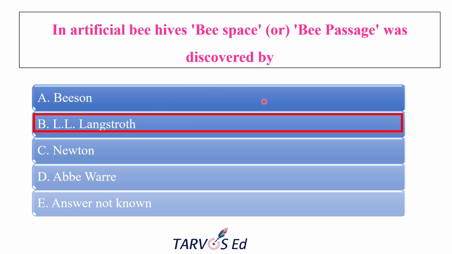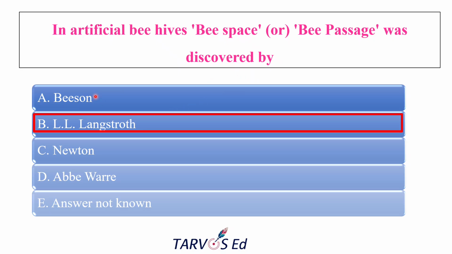So if we provide the proper space, we can directly take the frame out of the box and easily keep it in the honey extractor chamber, and after extracting the honey we can keep it back. So here the comb destruction will not happen. We can save our comb. So we can reuse it also.